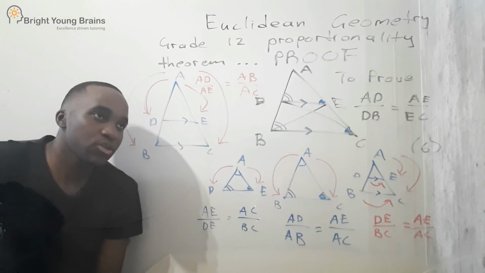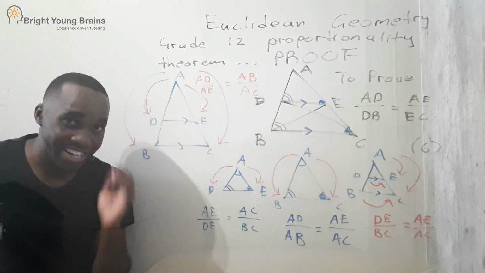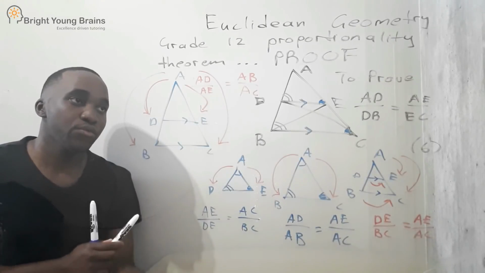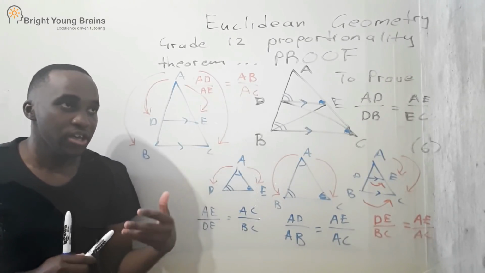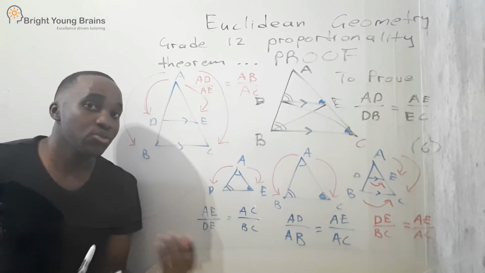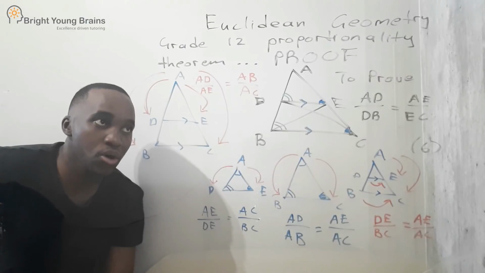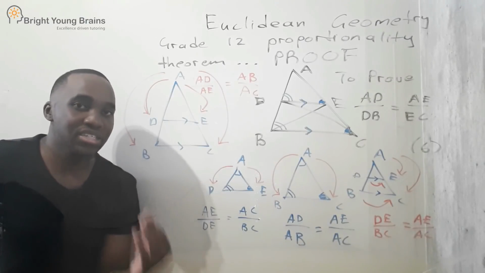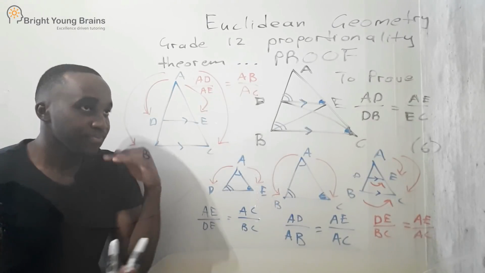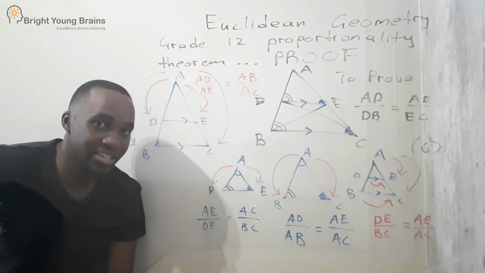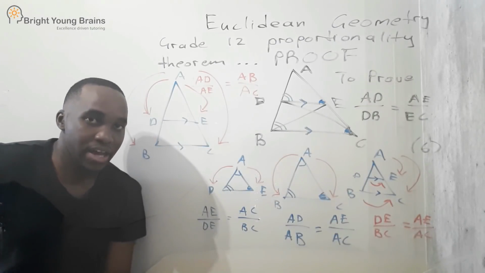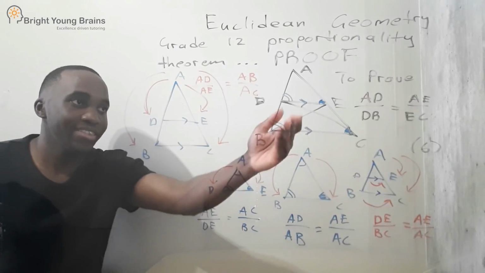Proving it is going to be something you just need to be able to regurgitate onto the paper. You just need to learn the basics of the proof, which we're going to cover now, and then you just need to know the steps. You don't want to cram what we're about to show. You want to remember the key steps, and I am going to make sure that I properly lay out those key steps so that you're always able to remember them in an exam when you need to prove this theorem.